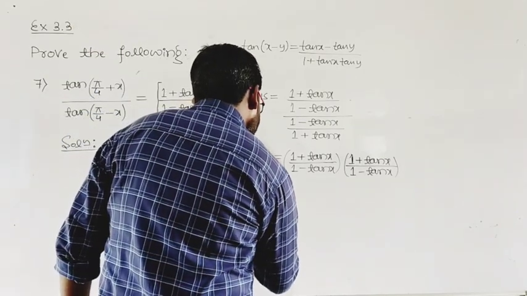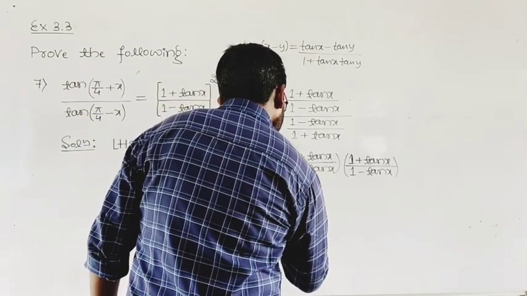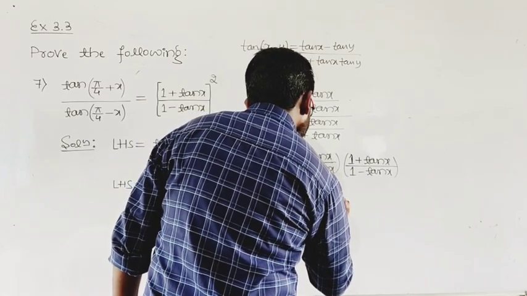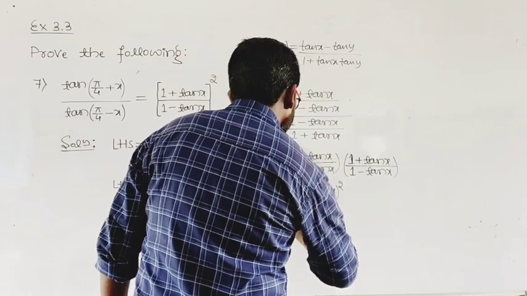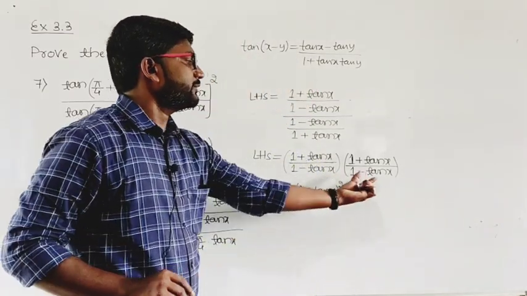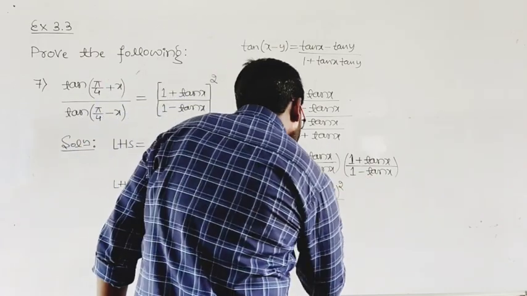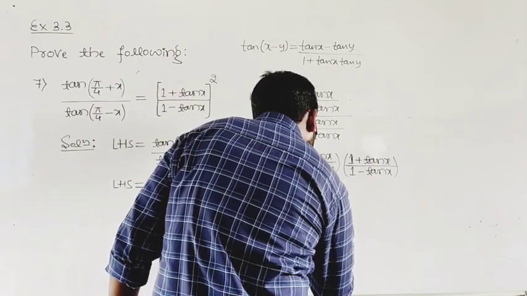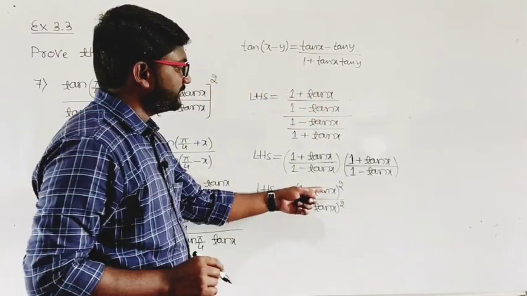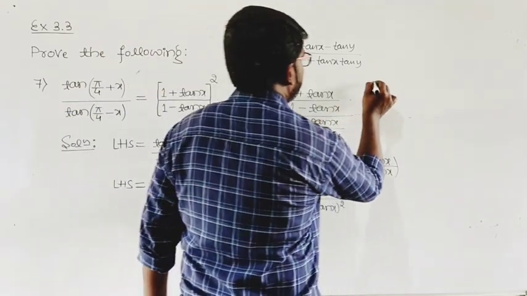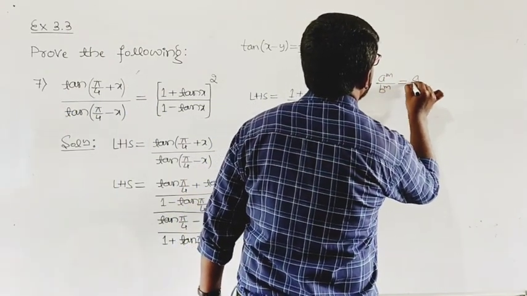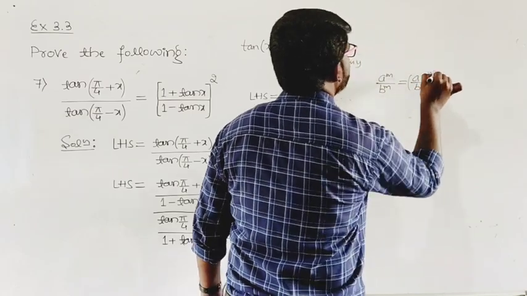So LHS, which is equals to, so now 1 plus tan x the whole square, then divided by 1 minus tan x into 1 minus tan x will be 1 minus tan x the whole square. So now this is in the form of a raised to m divided by b raised to m, can be written as a by b whole raised to m.